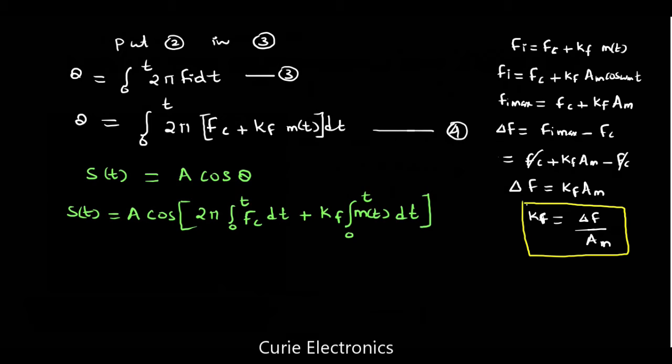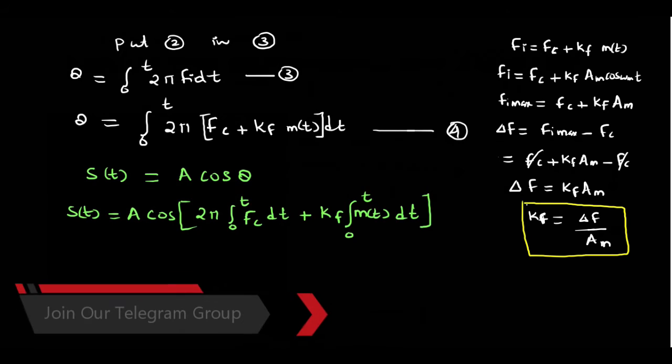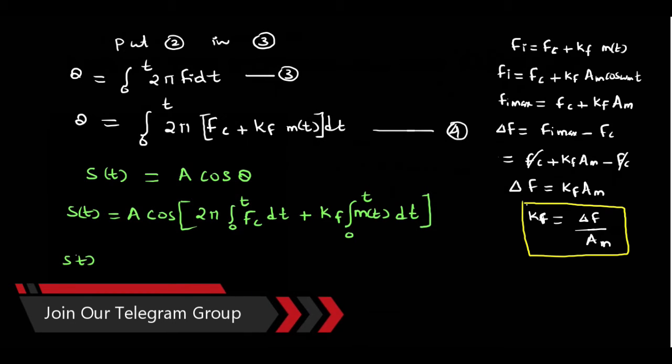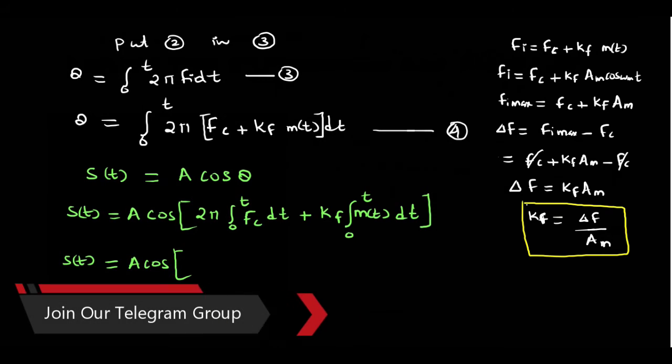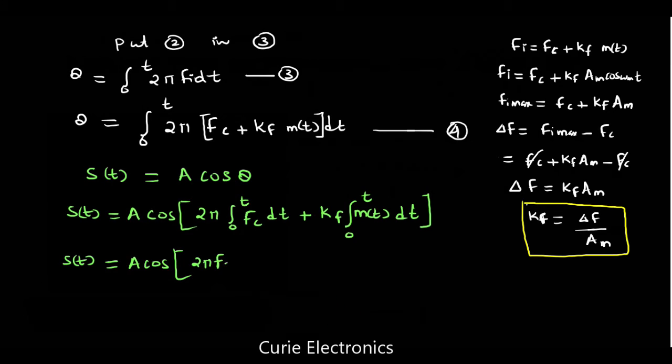Okay, now let's put the value. So what can we write? s of t equals A cos (2 pi f_c t), plus, when you integrate it, instead of k_f what you are going to write?